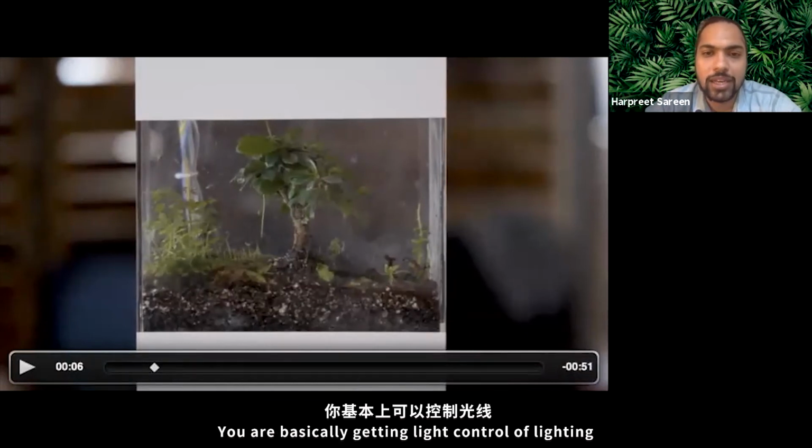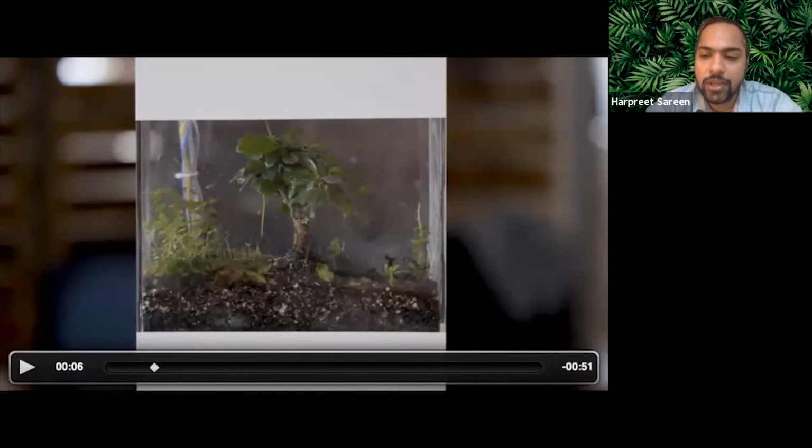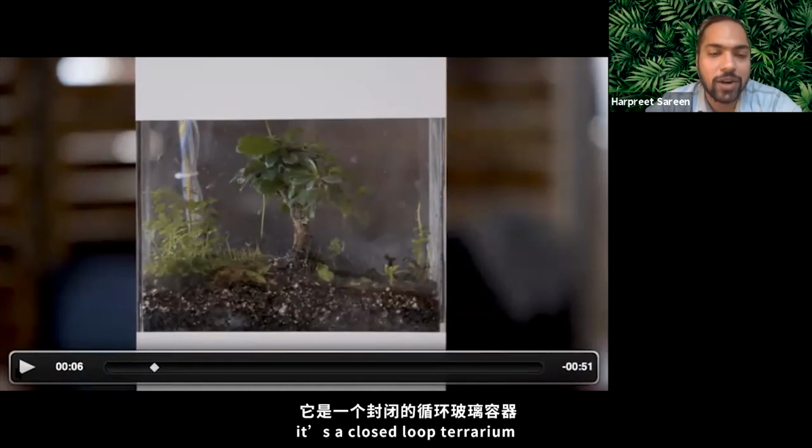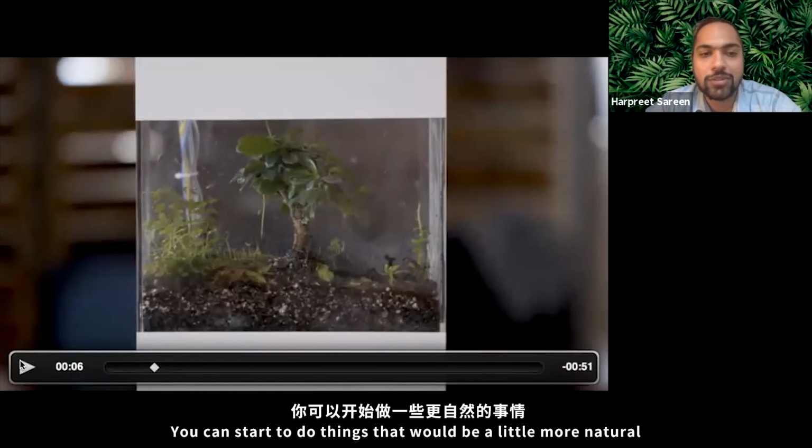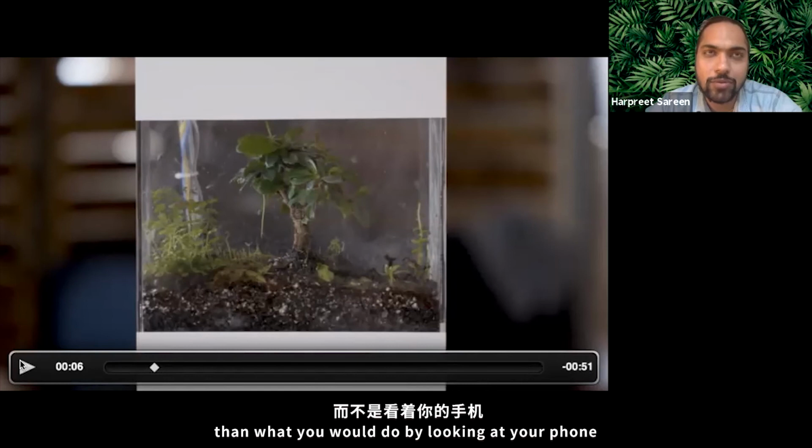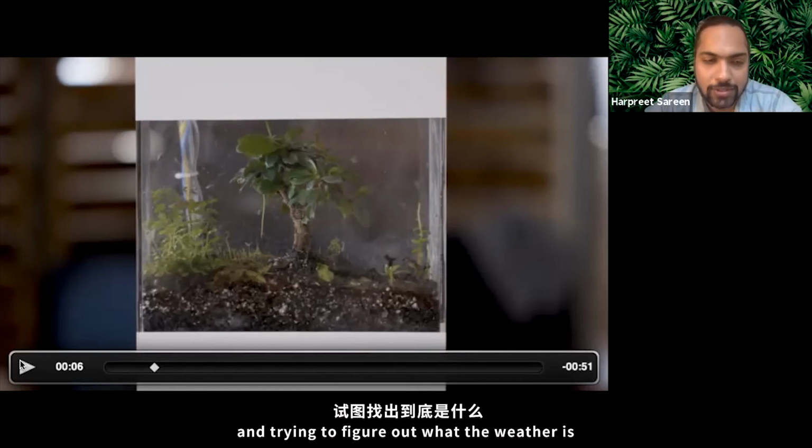You are basically getting control of lighting, control of clouds, control of rain, but inside a small box. It's a closed loop terrarium. And then you can start to do things that would be a little more natural than looking at your phone and trying to figure out what the weather is.